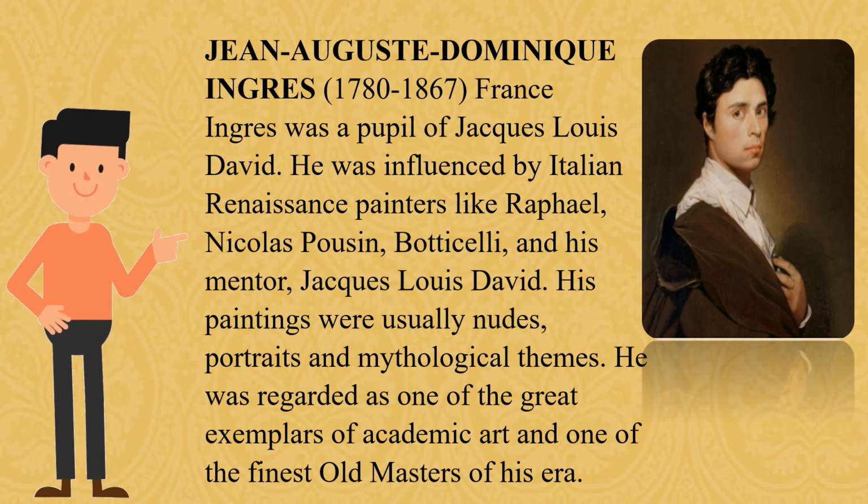His paintings were usually nudes, portraits, and mythological themes. He was regarded as one of the great exemplars of academic art and one of the finest old masters of his era. To further understand the themes of his paintings, let us break it down.